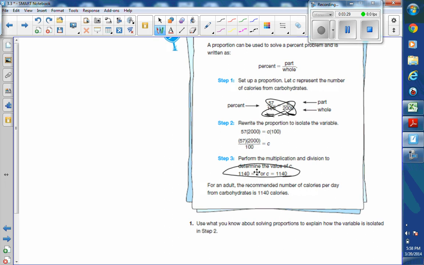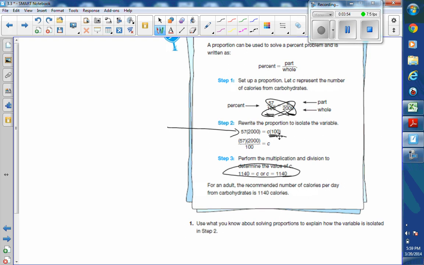So what do you know in number 1 here? Use what you know about solving proportions to explain how the variable is isolated. Looking back over to step 2, think back to our algebra unit. How do we isolate C? Remember, we always think about opposite operations. Right now, that's C times 100.